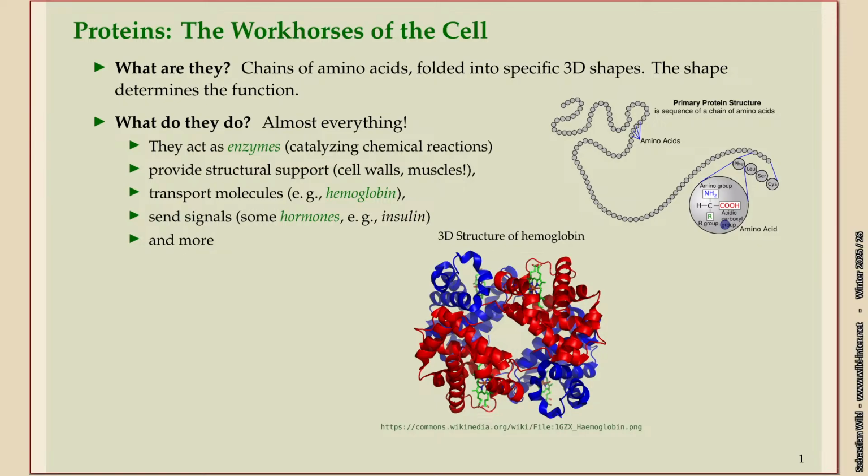The function is usually determined by this three-dimensional structure, which is yet another question how to get there. There's a few things listed of what proteins do in our bodies. It's a wide range. Our hair are proteins, so they can be fairly stiff and really stable structures, but they're also working as enzymes.